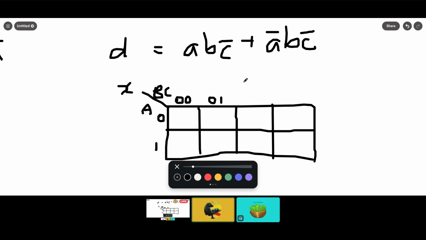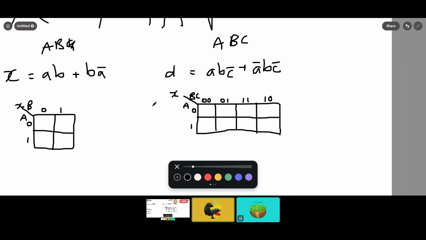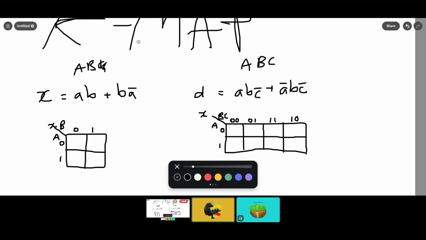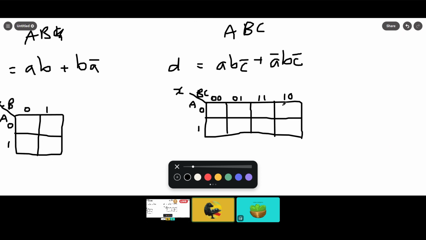So next is 1, 0, right? Wrong! Next is 1, 1. And last is 1, 0. Why is it like this? No one knows. Only Karnaugh knows. K stands for Karnaugh. So you must remember this order, and you have to remember how to draw this table.